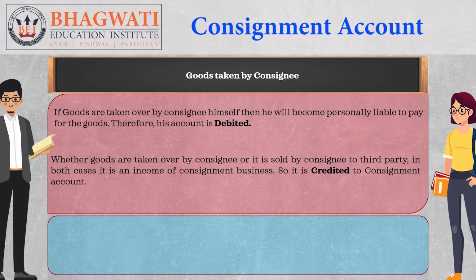So the journal entry will remain the same, just like your sales: consignee account debit to consignment. Why? Because the consignor is transferring ownership. Now, whether it is purchased by our agent only from us, or the agent is selling to someone else and then collecting, in both cases he is responsible to reimburse or remit that particular amount to us.